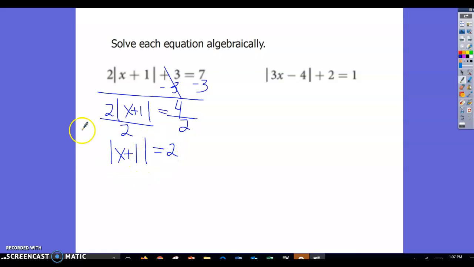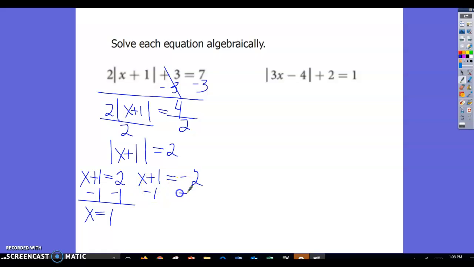And now we have to set up our two equations by definition. So x plus 1 equals 2, and x plus 1 equals -2. So subtract 1. X is going to equal 1, or -3. So there's your two solutions for that one. Looking at this next one, we're going to subtract 2.